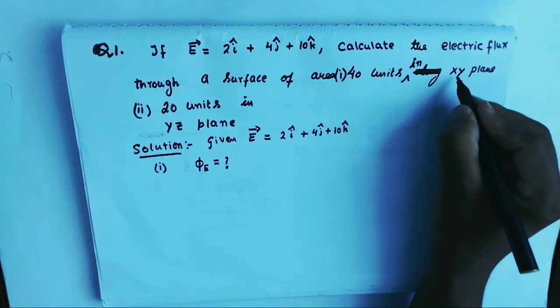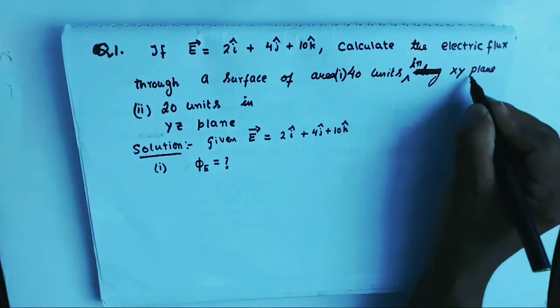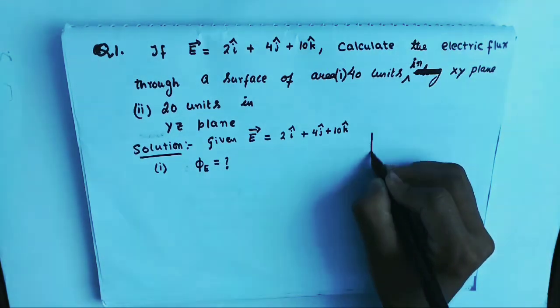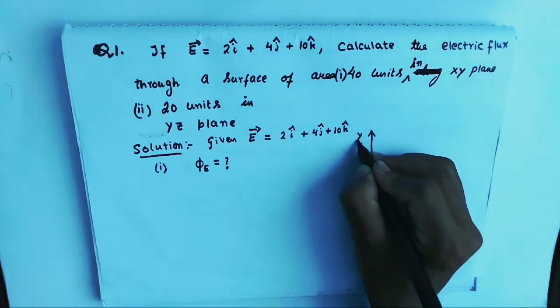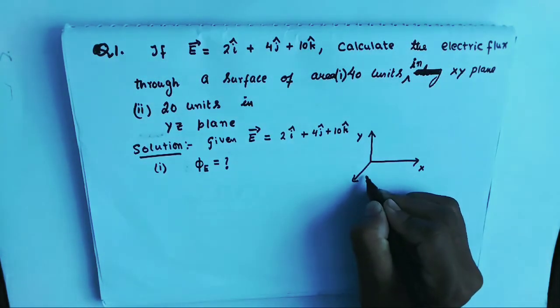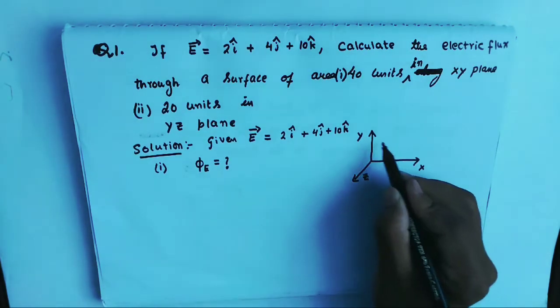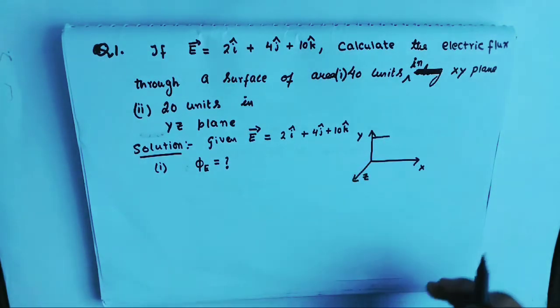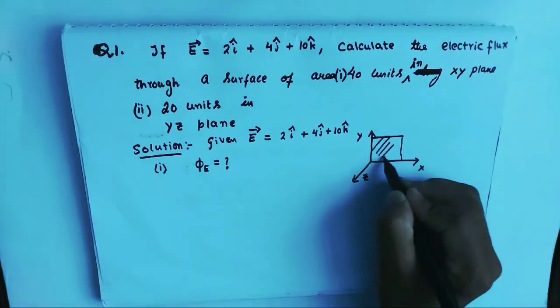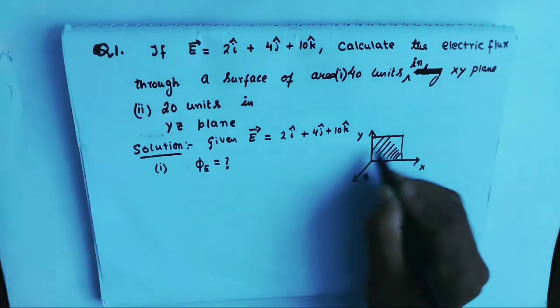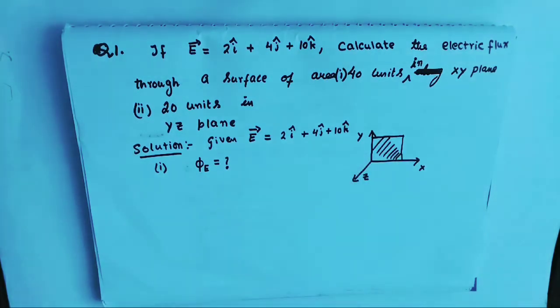Since it is given that the area is in the XY plane, let us draw. This one is X. Suppose this one is Y. This one is Z. So if we draw like this, this one is the area of the XY plane.